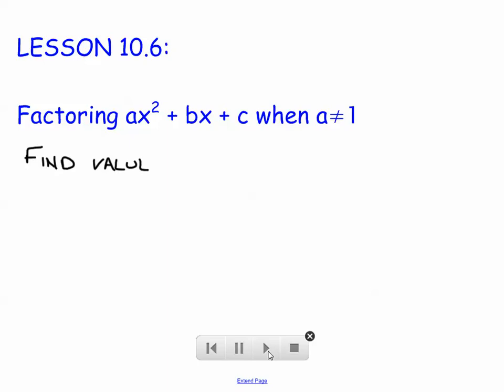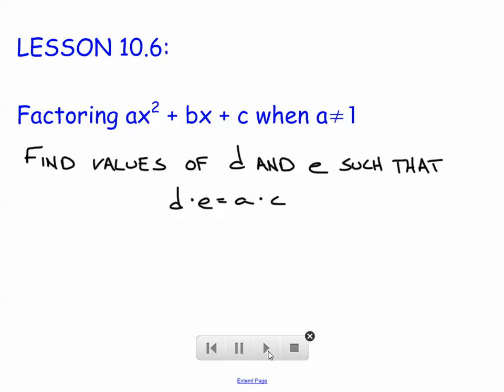To factor these trinomials, we're going to find values of d and e. I'll explain what d and e are, such that d times e equals a times c, and d plus e equals b.